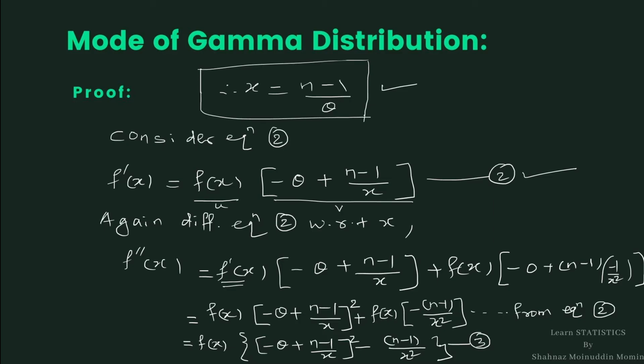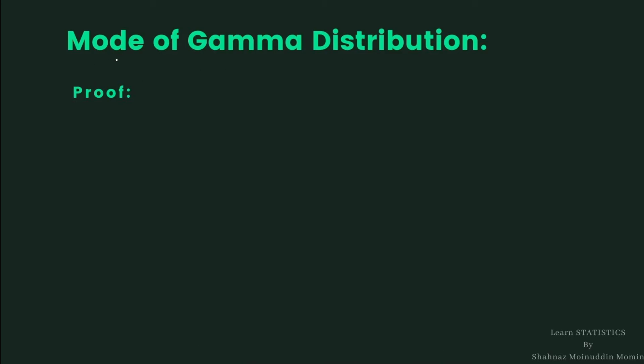What will happen? Let us see. f double dash x at x equal to n minus 1 divided by theta is equal to f of n minus 1 divided by theta into bracket.